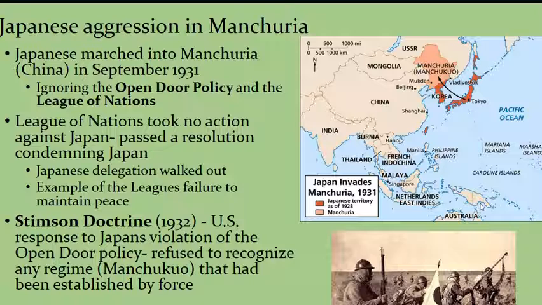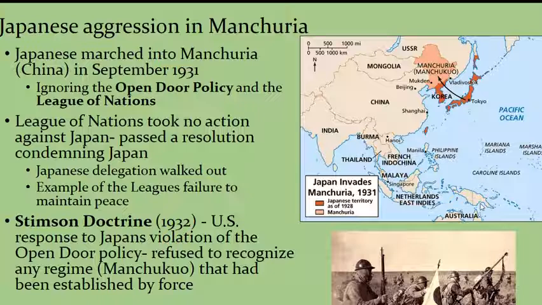To provide some context for this situation, remember that Secretary of State Hay, back when we were talking about imperialism, issued his Open Door notes, where we had been trading with China freely and encouraged other countries to do so. And Japan was beginning to ignore that policy.